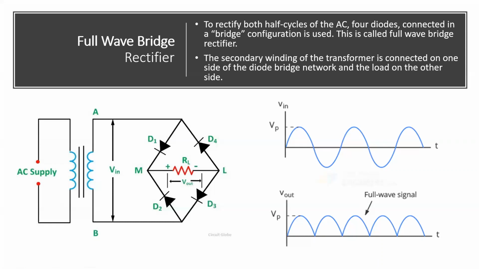So it will pass through them and it will pass from M to L through the load resistance. D4 and D2 will be reverse bias. And during the negative half cycle, diodes D2 and D4 will be forward bias and it will again pass through ML, while D1 and D3 are reverse bias.